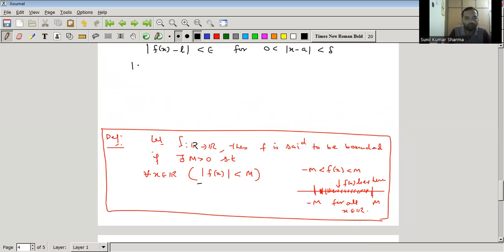So now mod f(x), modulus of f(x), it must be less than some positive real number.